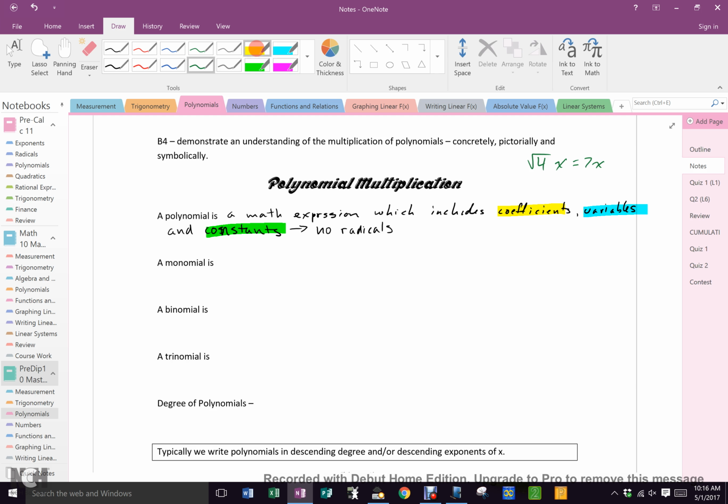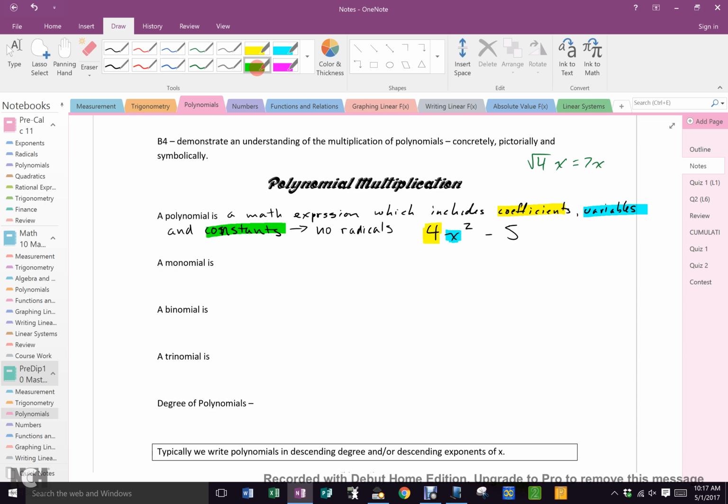Now, a coefficient is highlighted in yellow. So I'm going to write 4x squared minus 5. What's the coefficient? 4. What's the variable? X, only the x. What is the constant? There's only two things left there unhighlighted.